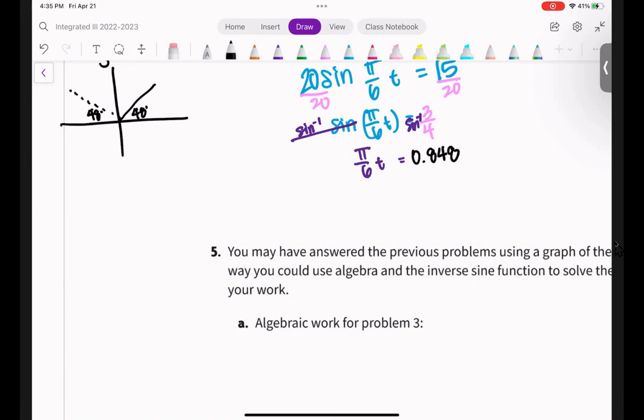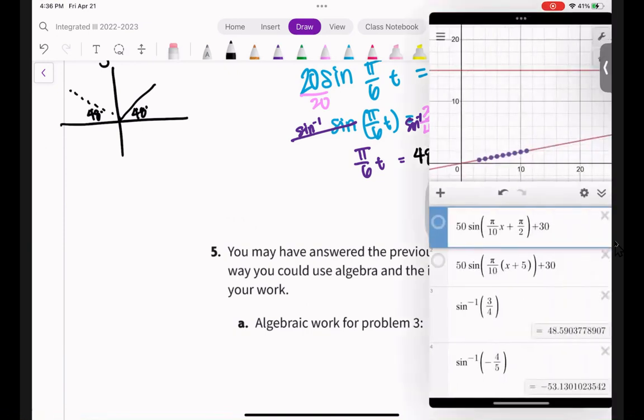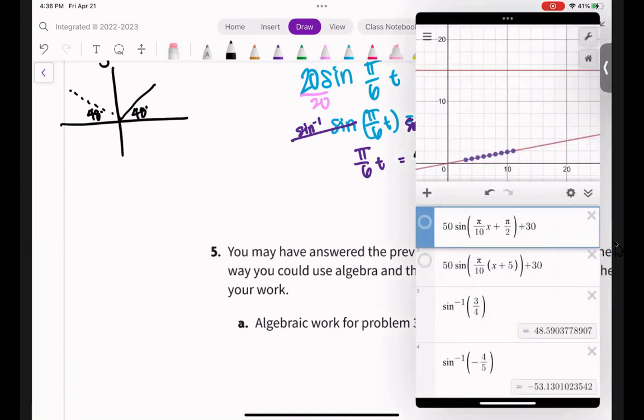You know what? I'm going to convert pi over 6 into degrees, because that's just easier for my brain to go with. Right now I don't want you to get confused on this. So this is what it was, 48.59 degrees. There you go.